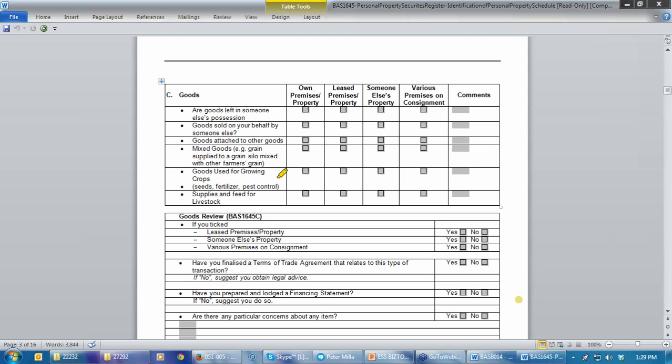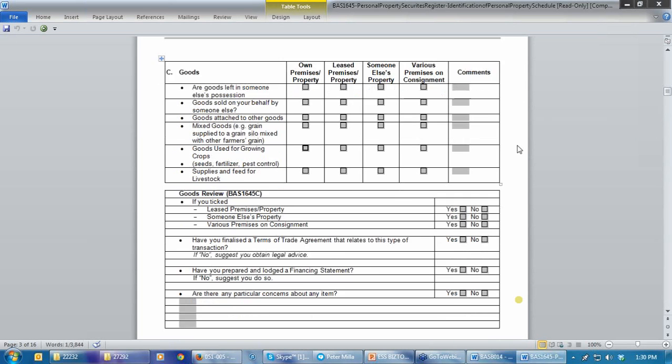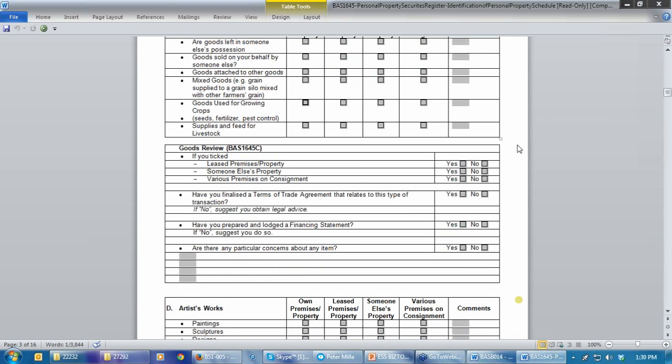There's also special protection for suppliers of fertilisers, seeds and pest control, and products that have been supplied as feed for livestock. So there are some protections for those items, but I repeat, the preliminary registration of forms, and the signing of forms so that they are the basis for the registrations, have to be done.